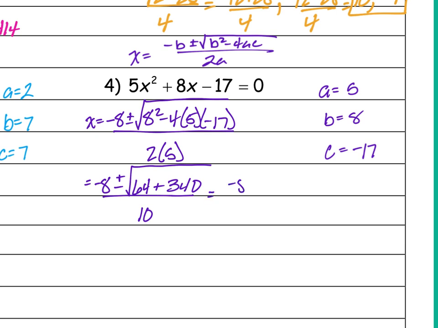Equals negative 8 plus or minus the square root of 340 plus 64 is 404, divided by 10. And I don't know if the square root of 404, we might have to turn that into a decimal.